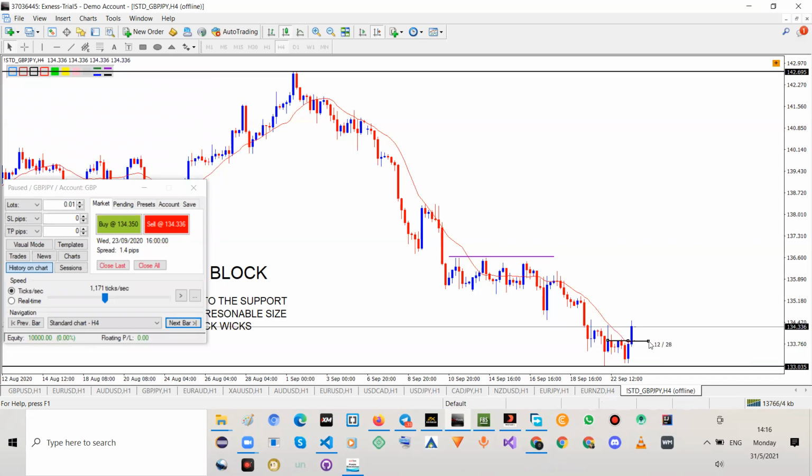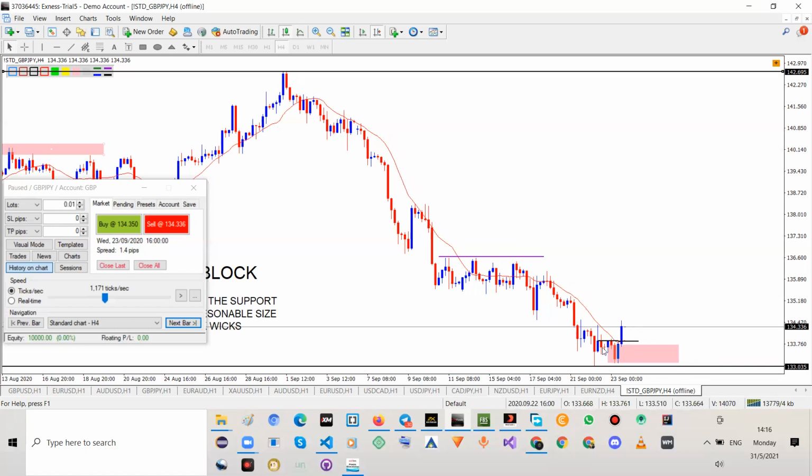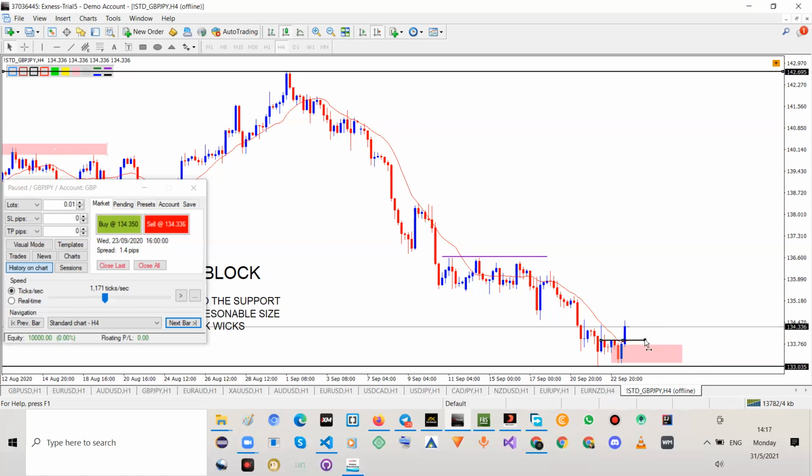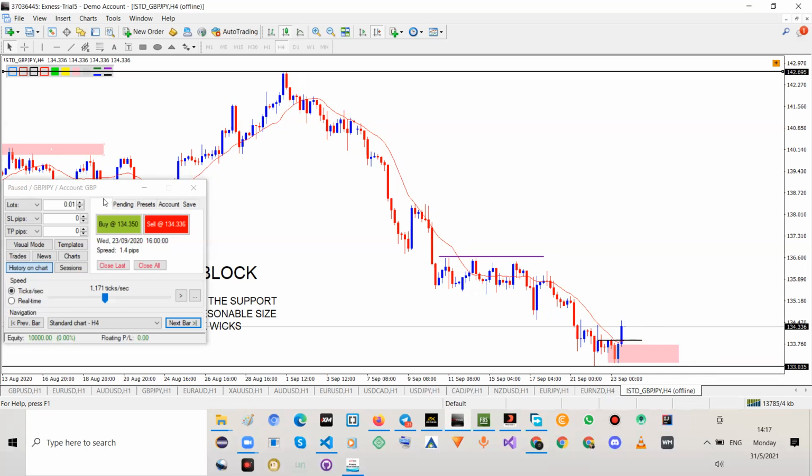So our structure has been broken, and after structure has been broken, we have our bearish candlestick that is close to the area that's close to our support. And also you can see that it has little weak candlestick wicks, and the candlestick body is big enough. So that's the average size body that we're talking of, and our structure has been broken right there. I indicated that with that black horizontal line there.